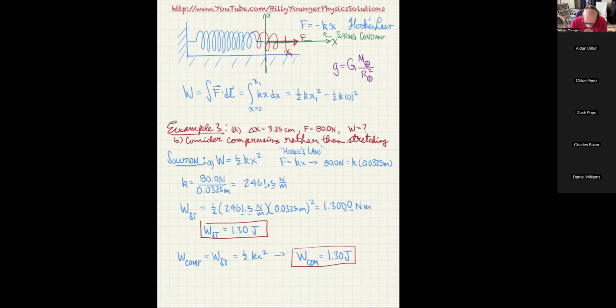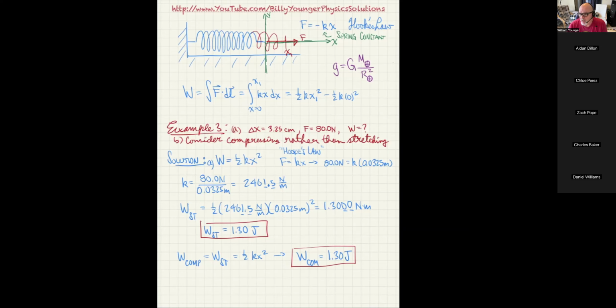But before I move on, now we've seen all the different things you can do. We've learned how to use work equals F dot delta D, in the case where the force is a constant, but not necessarily parallel to the displacement.